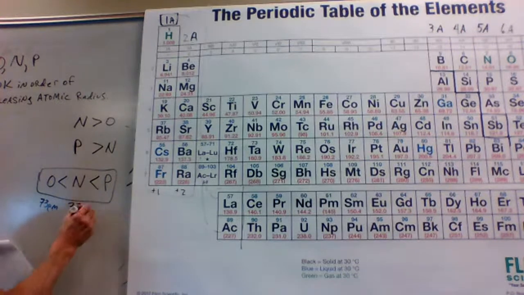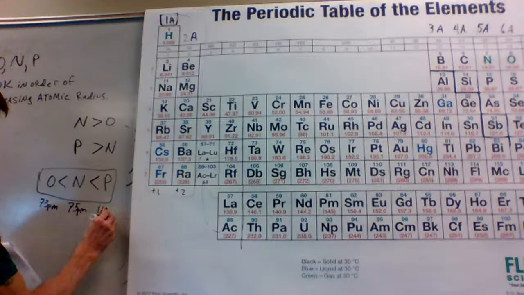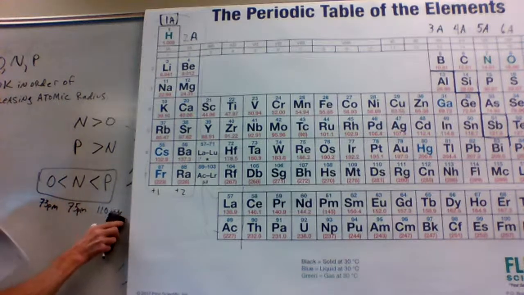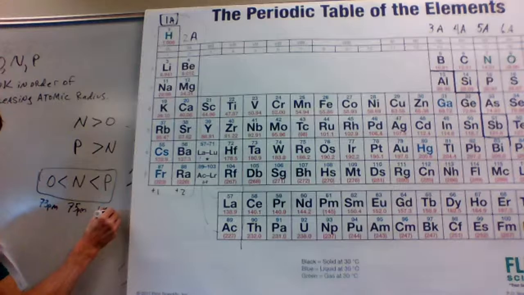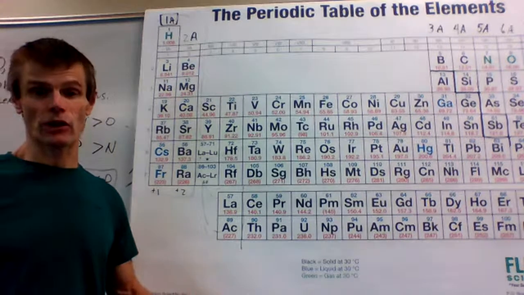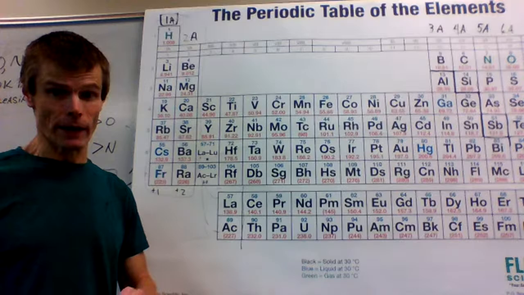And phosphorus, a whopping 110 picometers. A picometer is 10 to the negative 12th meters. And our expected order from our trends meets our experimentally determined atomic radii.